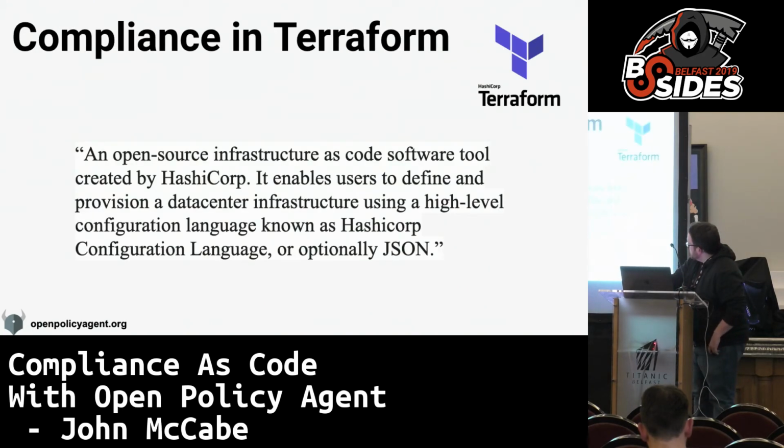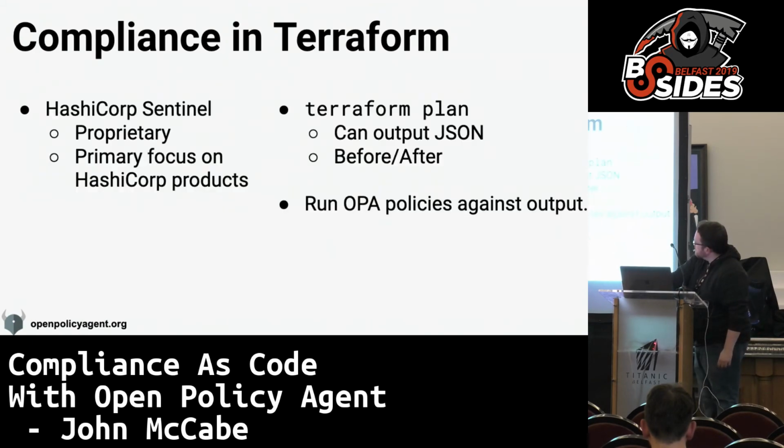So, compliance in Terraform. Most people are aware of Terraform. It's an infrastructure as code tool for automating deployments in the cloud and so on, and very widely used. The key part for us is it can output JSON. So we have something that we can apply policy to.